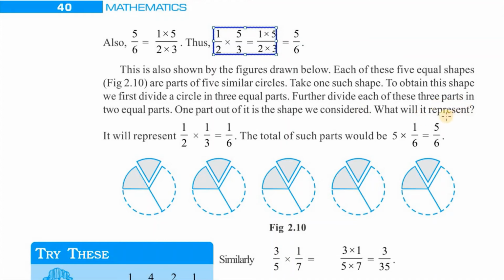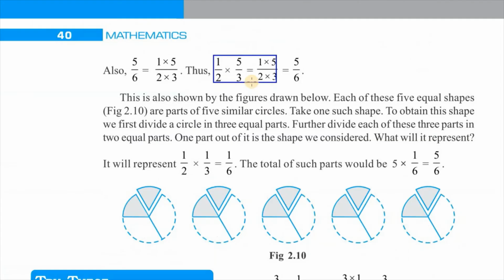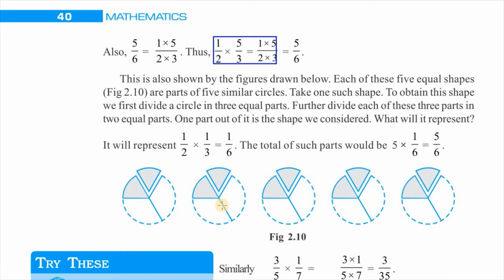What will it represent? So let's break this down. What is being done here is half into 1 by 3 into 5. So we have 1, 2, 3, 4, 5 circles. This represents the into 5 part of it.